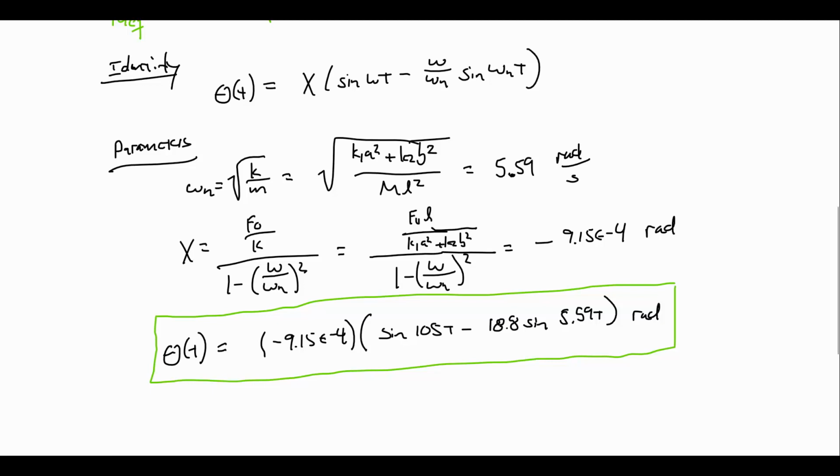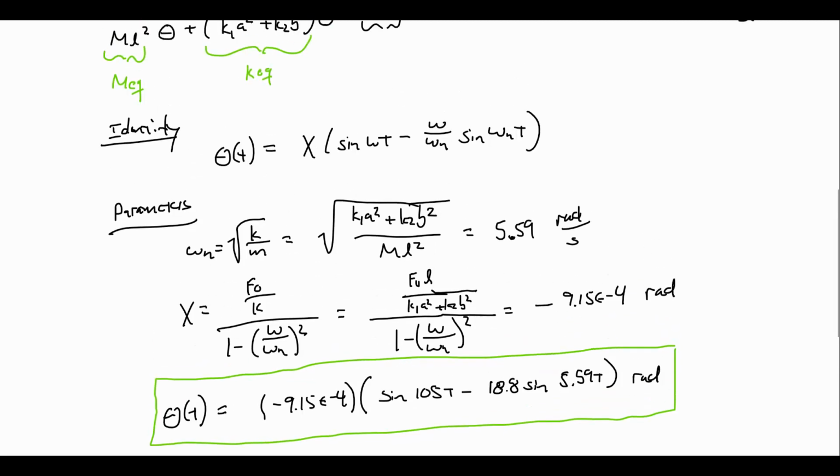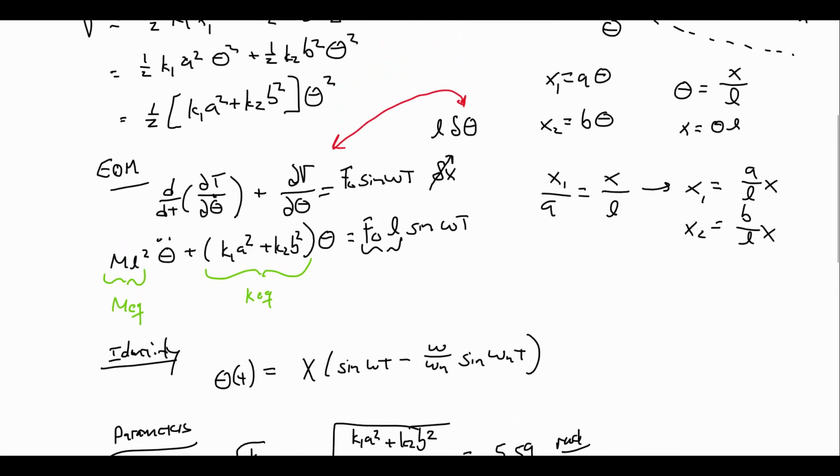Even though we can't see that the L had any effect, it actually did. This is 1 over L, still 1 over L times x. It just happens that L is equal to 1. But what we did have to do is on that right-hand side, that forcing, because it's acting on the x degree of freedom, we had to translate it to its effect on theta, which is effectively the moment that this force is producing around the hinge.